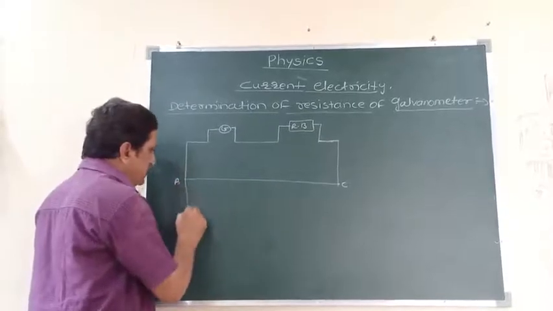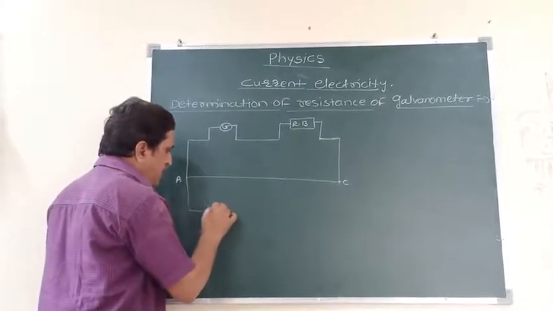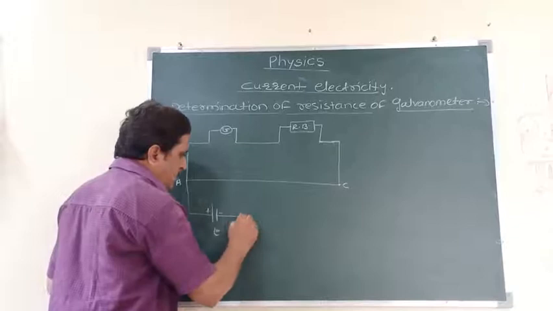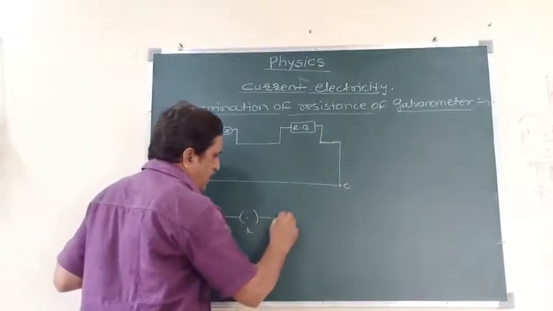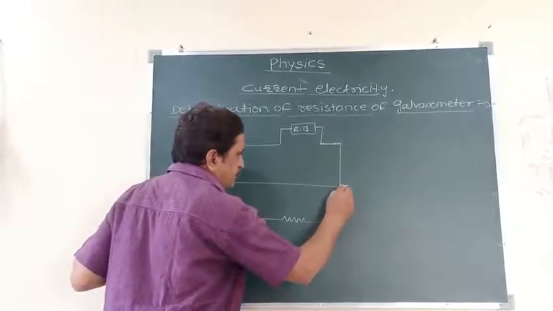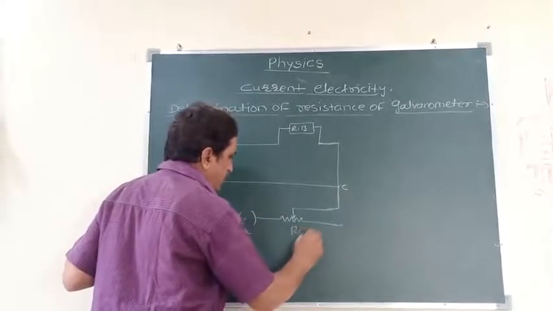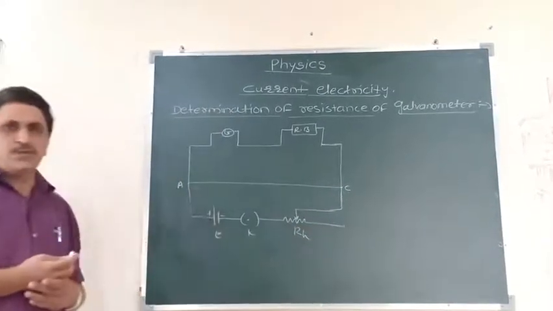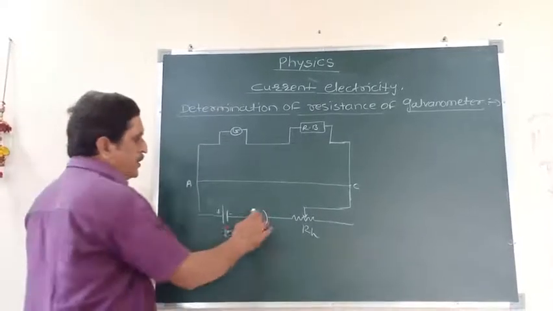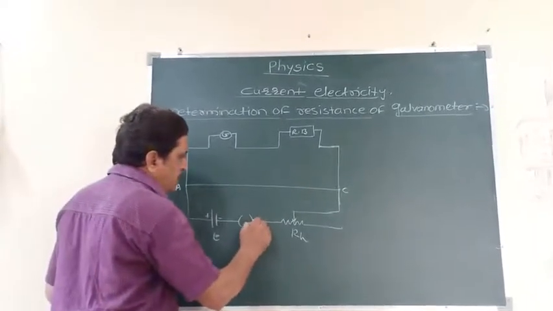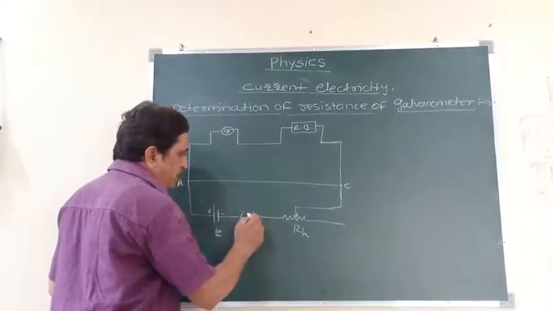Then a cell of EMF E, key K and rheostat are connected as per the circuit diagram. This cell is used just to supply the electric current. This key is used here just to close and open the circuit.